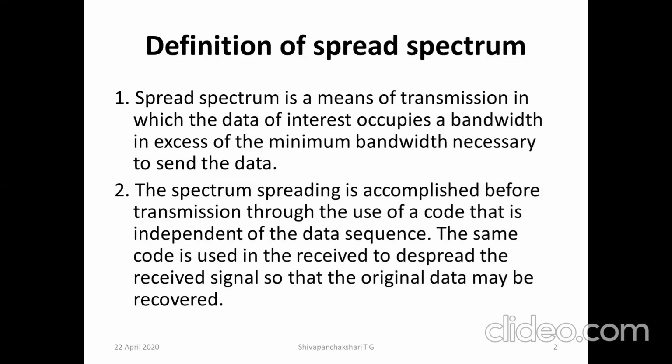That means to perform spreading of the signal at the transmitter and despreading of the signal at the receiver, a special code is used. This code is specially created or developed for this spread spectrum technology. This code plays a vital role in this technology.